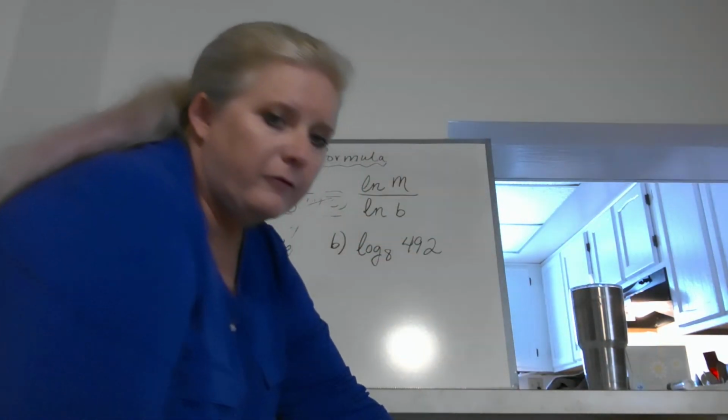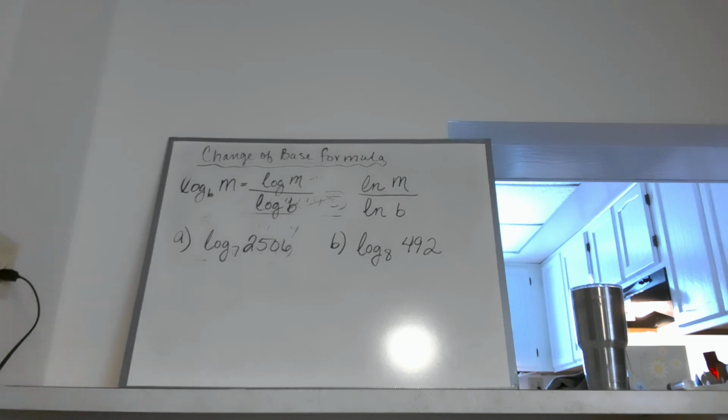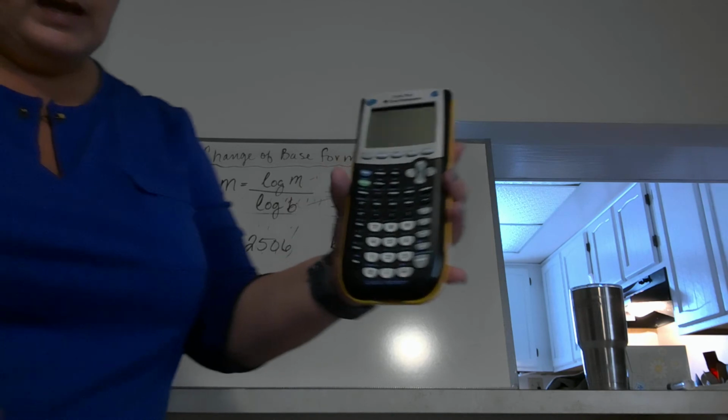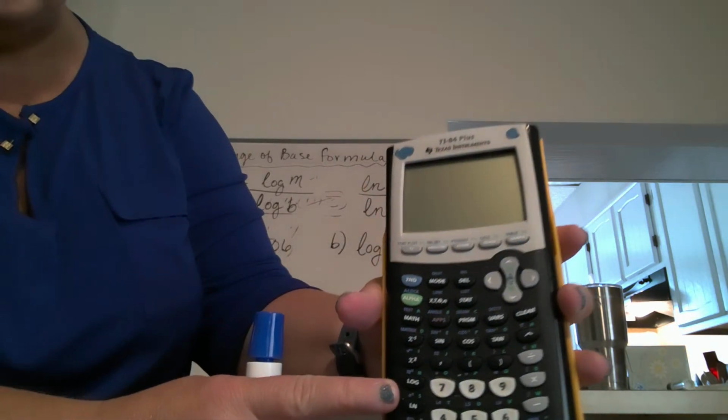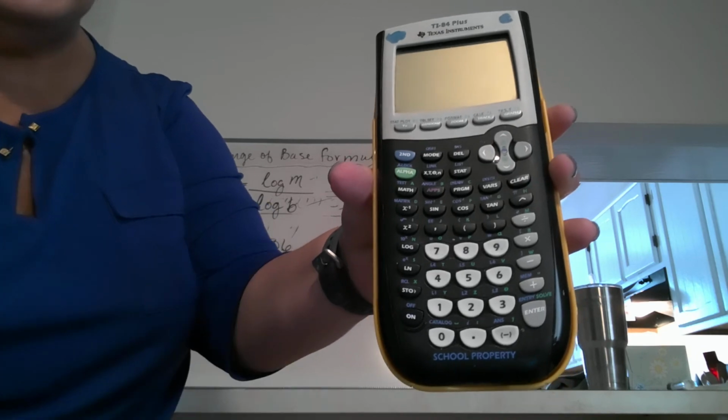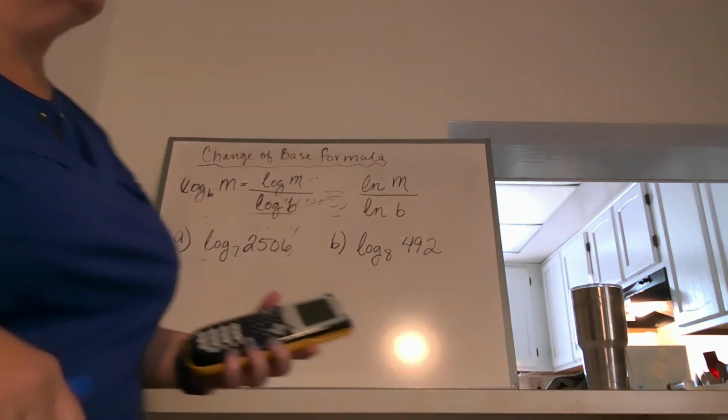All right, one of my favorite properties of logarithms is the change of base formula. Okay, with the calculators, you have a natural log and a log button on this graphing calculator. Any scientific calculator has those two buttons.